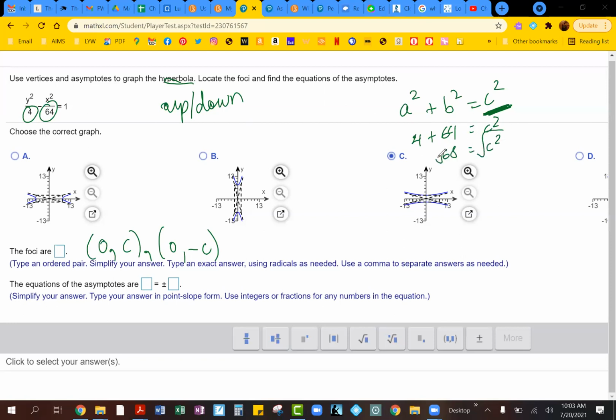So when you end up taking that square root, you have to simplify the square root of 68. And you can see in the instructions, they are asking you for radicals. So no decimal answers.